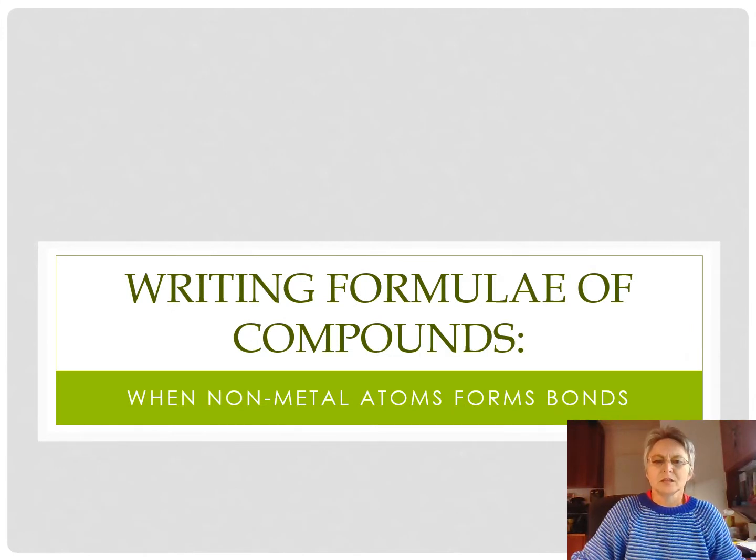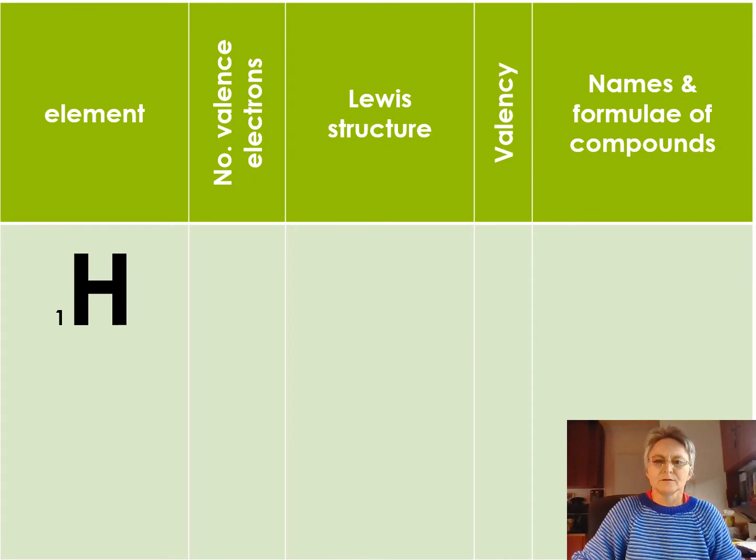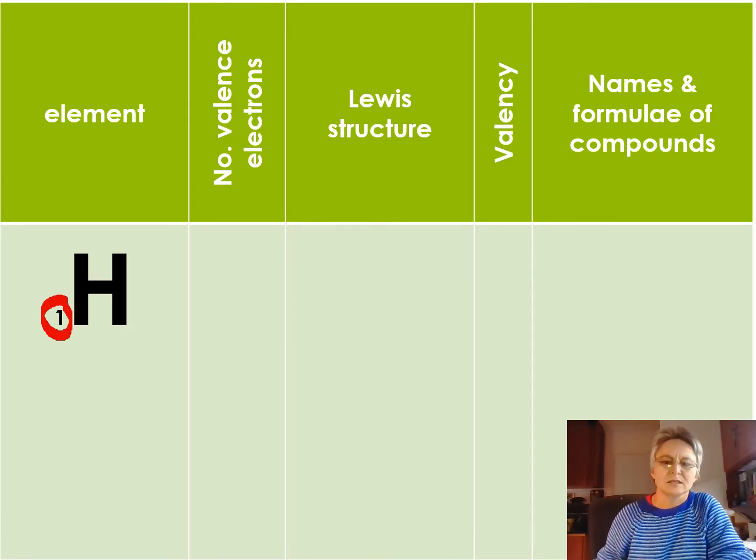So I'm going to teach you how to write the formula of some compounds where non-metal atoms form bonds. First, I'm going to look at the bonds that hydrogen forms. I wrote the atomic number of the hydrogen because that tells us how many electrons the hydrogen atom has.